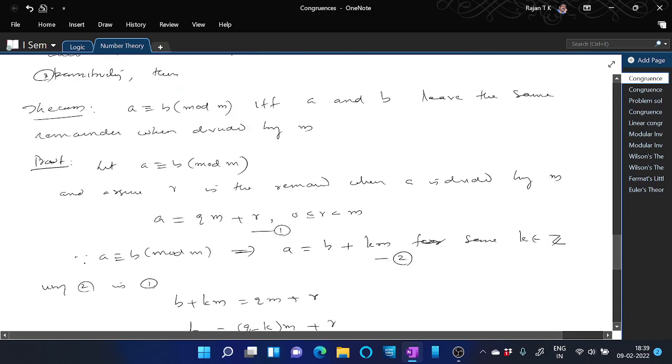That is, if A is congruent to B mod M, then A and B leave the same remainder on division by M, and the converse is also true.